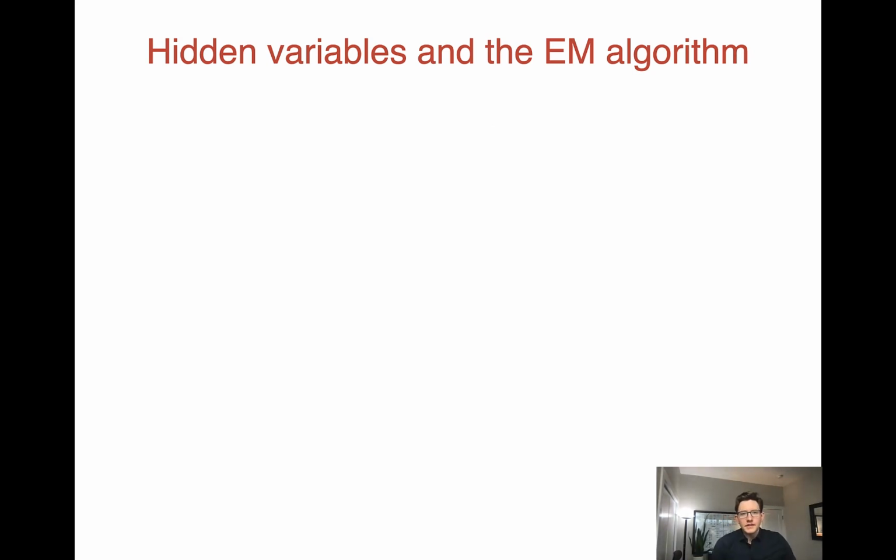Let's give one more example. We're not going to derive updates for this one, but just to give you more of a sense of what we mean when we say hidden variables. So let's imagine we're in a case where we have a bunch of applicants applying for a job, and we're giving each one a score on how strong of an applicant they are.